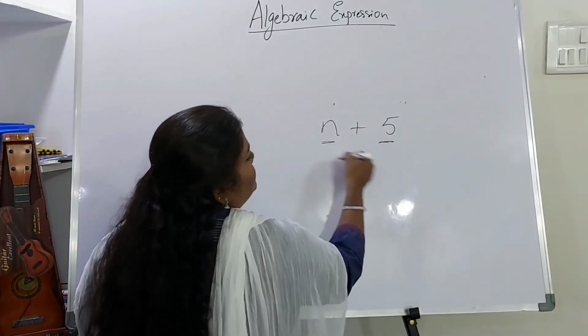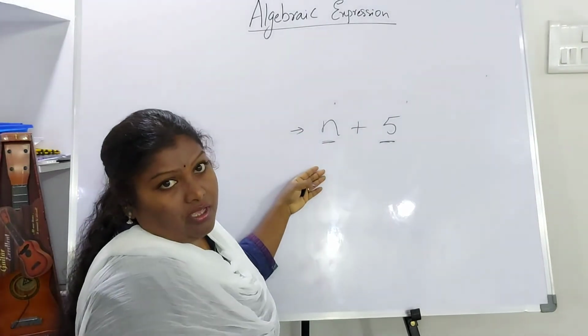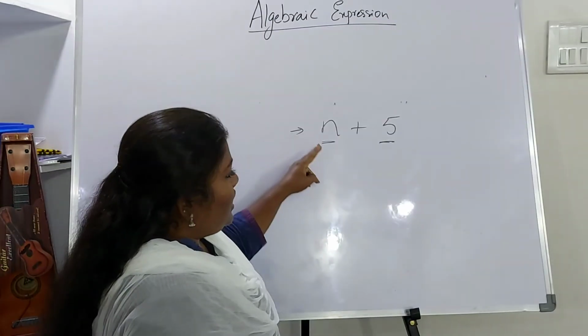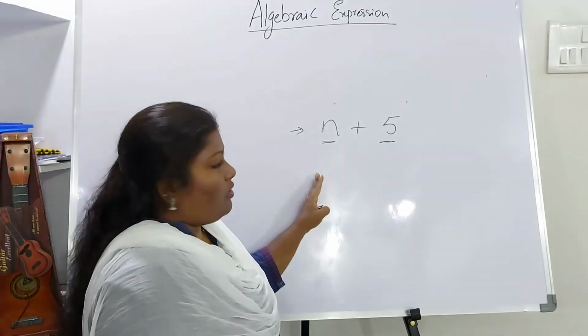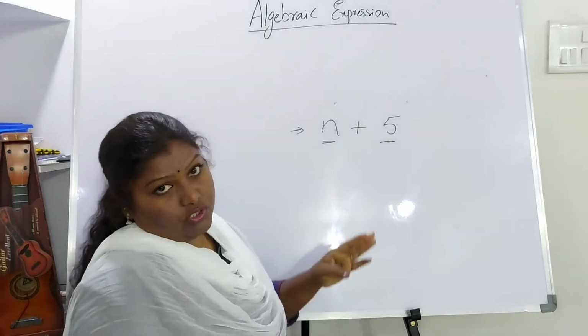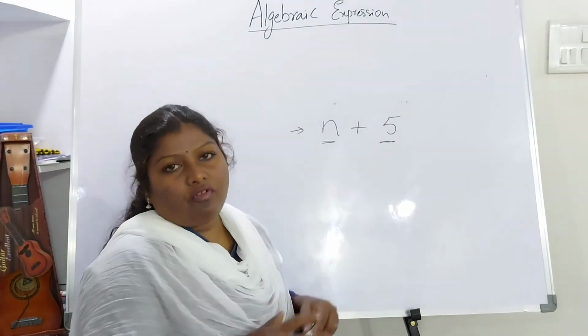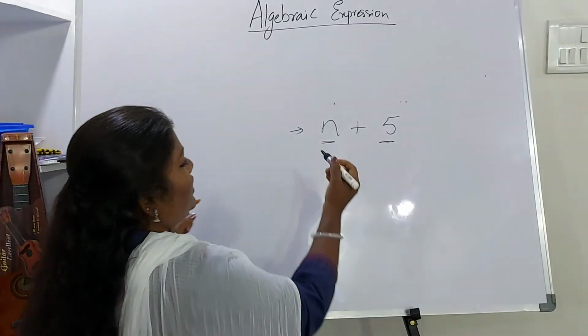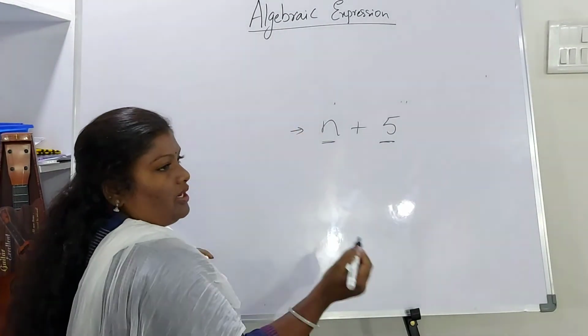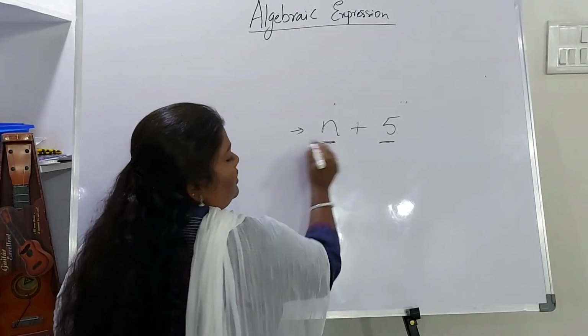So this is an expression which is saying that there are n number of students already in the ground and 5 have joined. In our daily life, if we are not sure about anything, we say they or a group of people. In mathematics, if we are not sure about anything, we represent that with a variable.